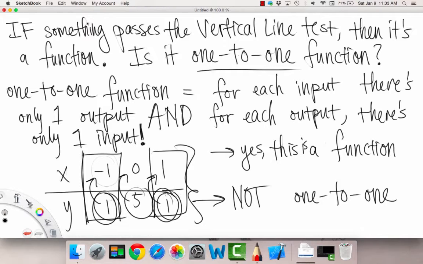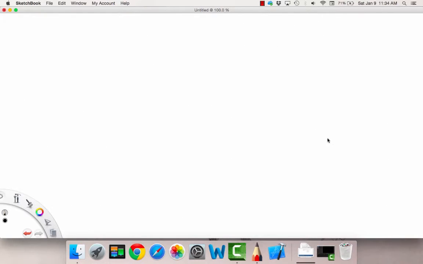This -1 can't go to 1, and the 1 can't go to 1. That's not allowed for a one-to-one function, okay? That doesn't discount that it is a function of a sort. It's just not one-to-one, okay? So on the next slide, let's examine an example that is one-to-one.